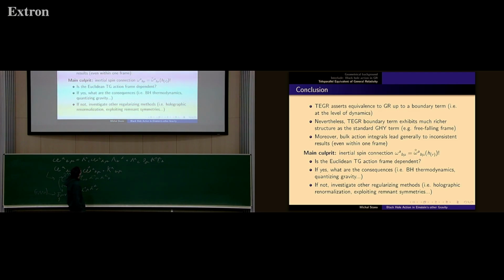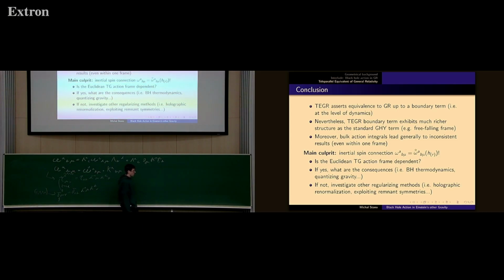It turned out that the teleparallel boundary term structure exhibited much richer structure than in the case of the Gibbons-Hawking-York boundary term. And what is even less okay is that the bulk action approach was not consistent even within one frame.